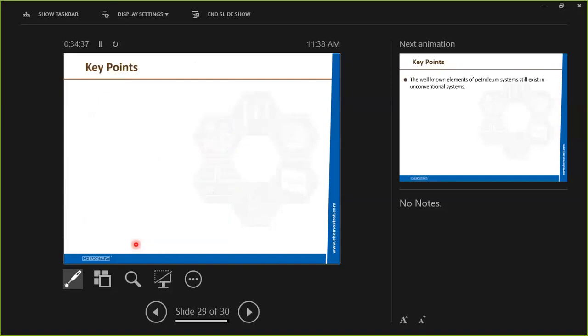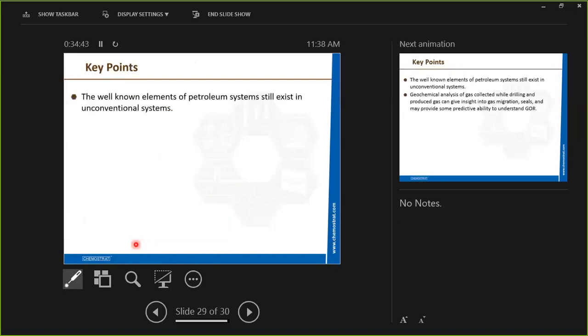So I'll just have a few key points that I wanted to talk about. The key takeaways are that the elements we have in the petroleum system, and some of the processes as well, still exist in unconventional systems. Many of the things we would worry about in conventional systems we still need to be concerned about in unconventional.